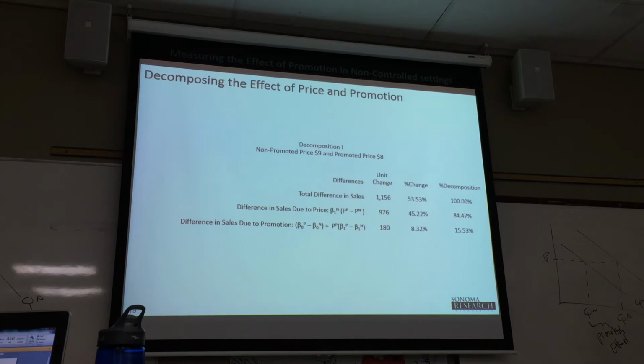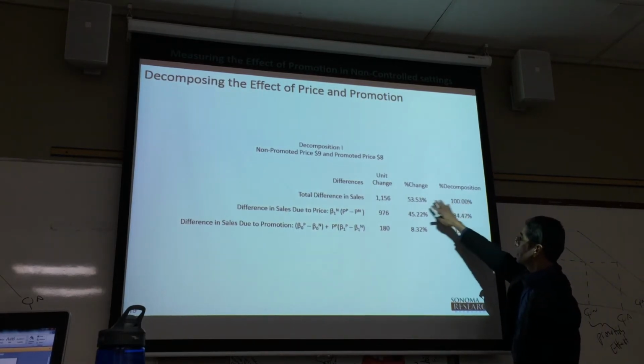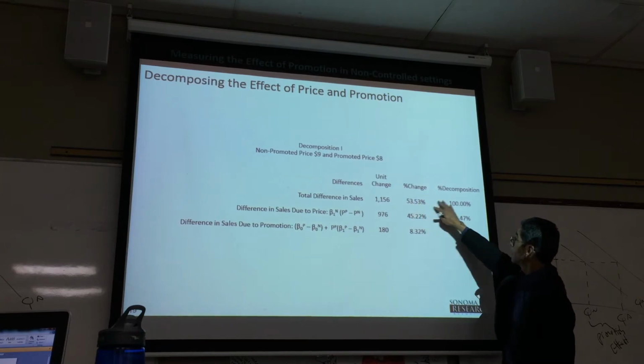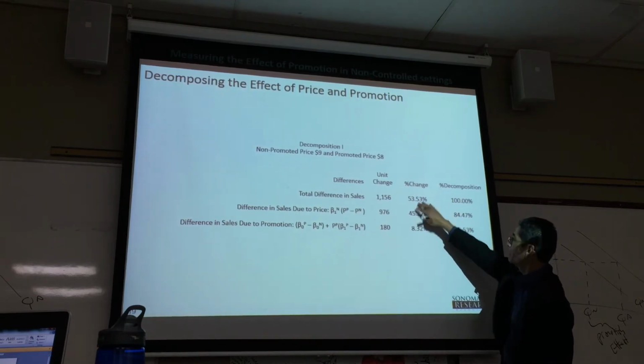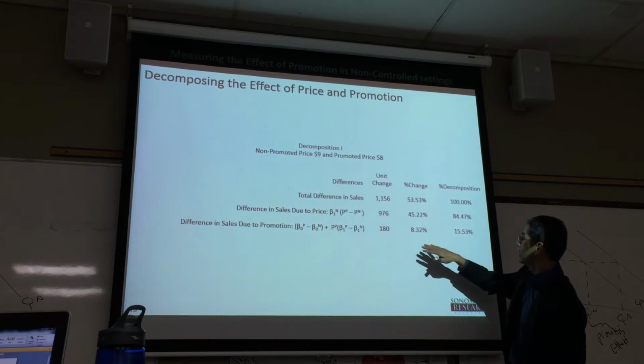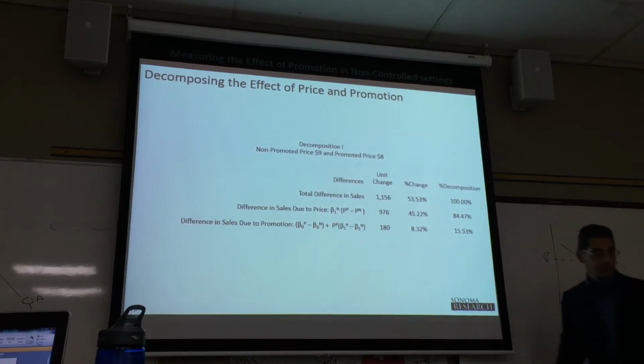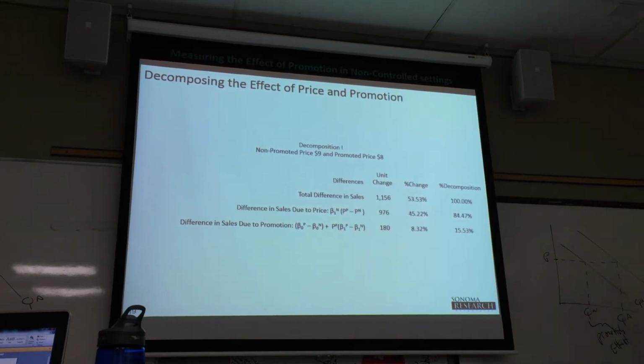How do you figure that out? Well, this is going to be 100% of this 53%. So if we just put, for example, 45 over 53 would be that, and then 8 over 53 would be that. It's just putting it in percentage terms.